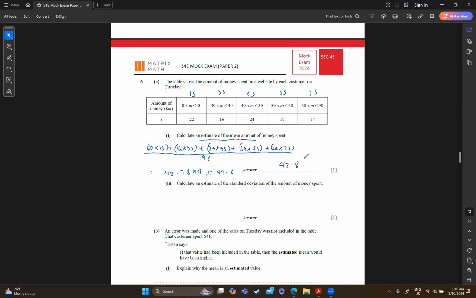Okay, next one, calculate an estimate of the standard deviation. So your standard deviation formula is the square root of the summation of fx squared over the summation of f, minus the bracket squared.